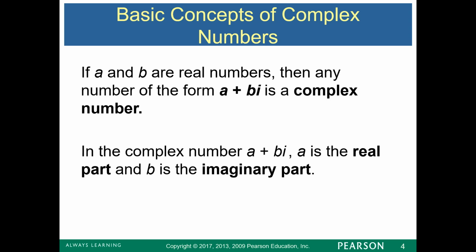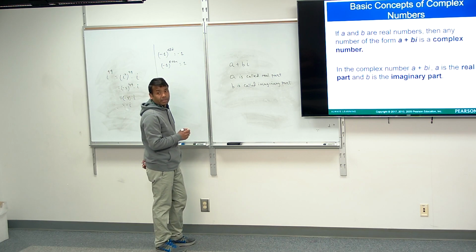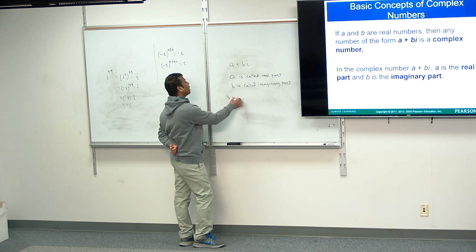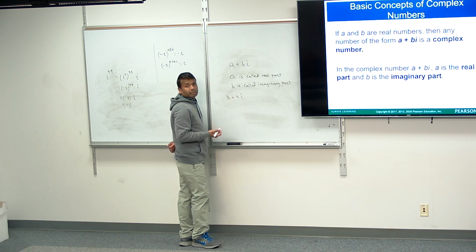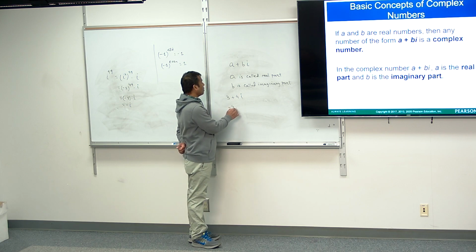So can you give me one example? And you guys know that this A and B are real numbers, right? So that means, let's say 3 plus 4i. This is a complex number, right? Negative 2 minus 4i.